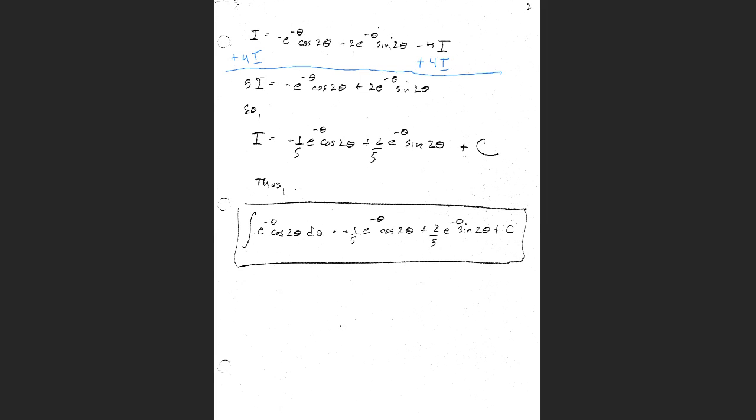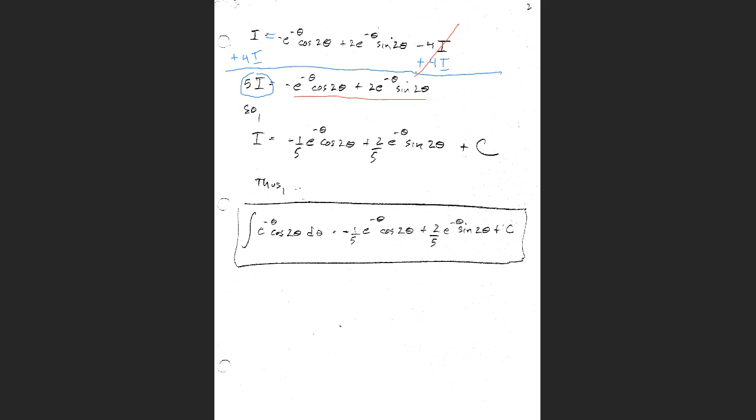It's an equation, right? This is an equal sign here. So if I add 4I to both sides, then on the left side, I'm going to get 5I. These I terms on the right will cancel out, and I'm left with this on the right side.